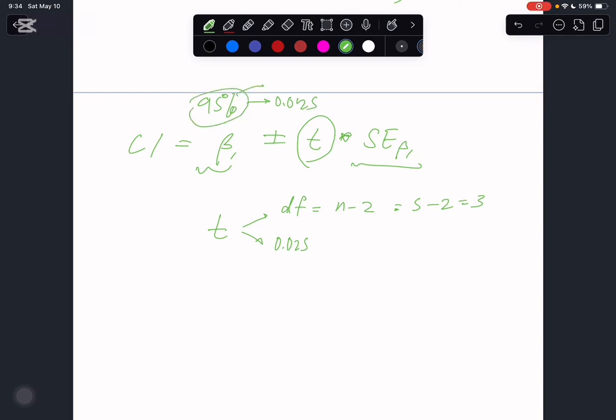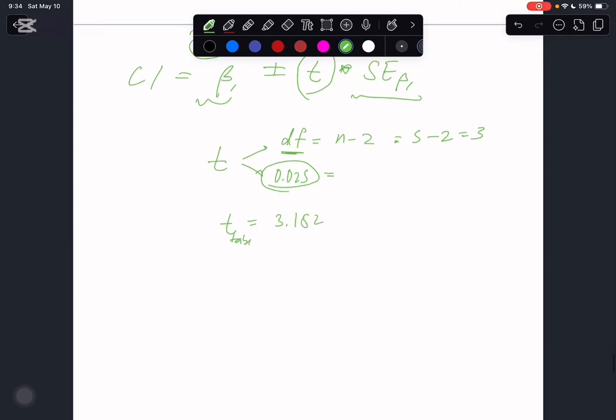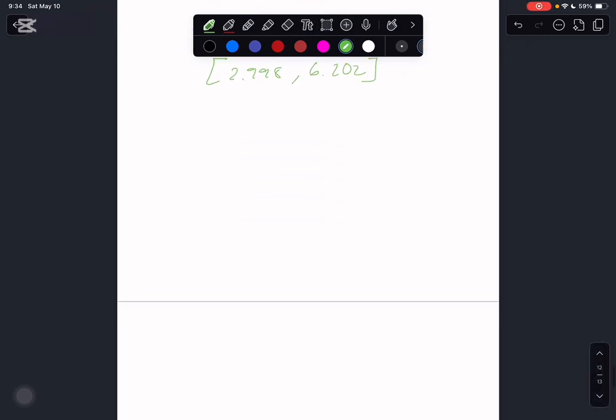So if you go to the table of the degree of freedom and the significance level, the t value from the t table is 3.182. Plug the values and you get 4.6 plus minus 1.6, which is a range of 2.998 and 6.202. Nice.